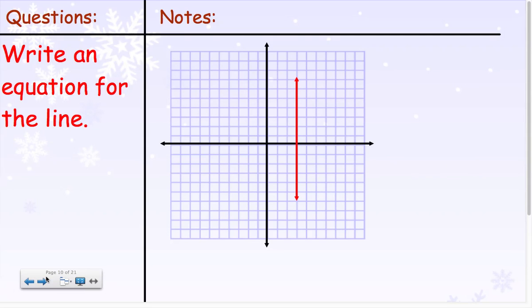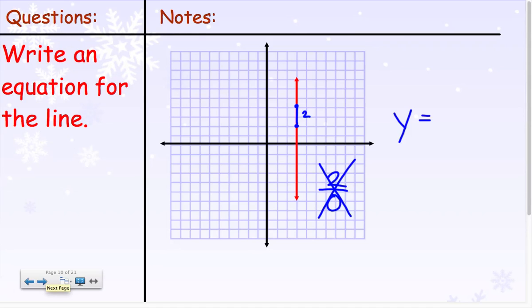And now we have a vertical line. y equals, I'm going to make my own dots because there aren't any. So I'm rising 2, running 0. So 2 over 0, if I do 2 divided by 0, I get an error. So I'm not going to put any slope in my equation.